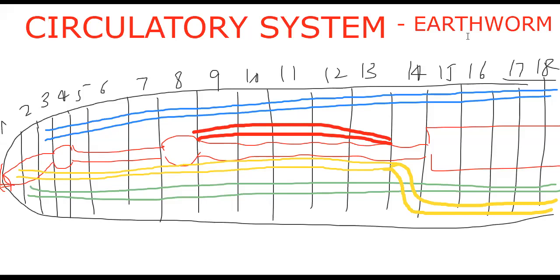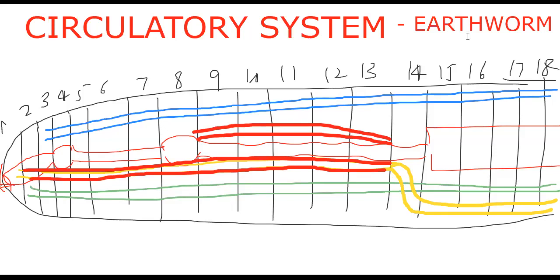The lateral esophageal blood vessel is there from the first segment to the 13th segment. After that, from the 14th segment onwards, there is another blood vessel, the subneural blood vessel. So these are the major blood vessels to be remembered.